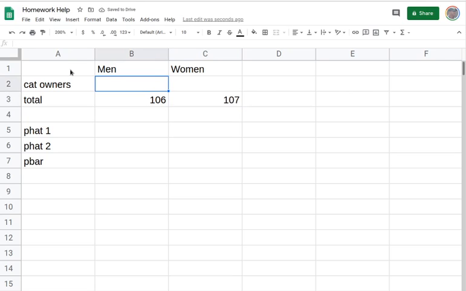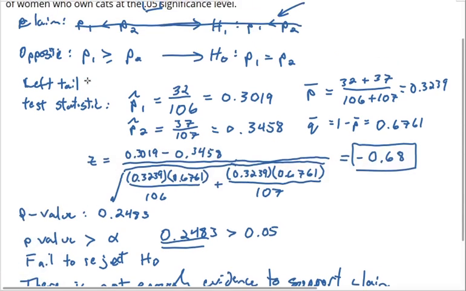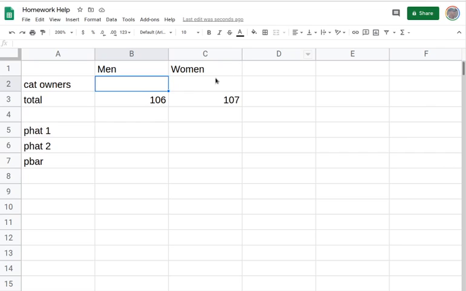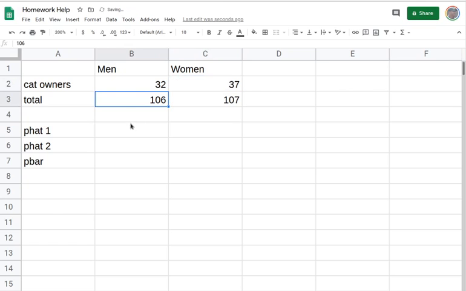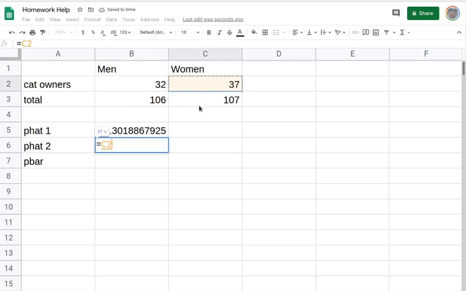Cat owners for men was, let's go back to my problem, 32, and I believe it was 37 women had cats. Okay, so for the p hat 1, I'm just going to divide the cat owners for men by the total for men, and then let's do the same for women.